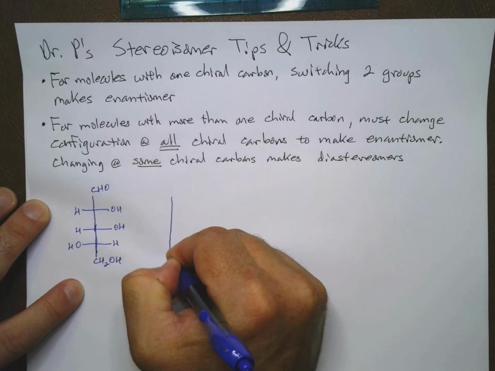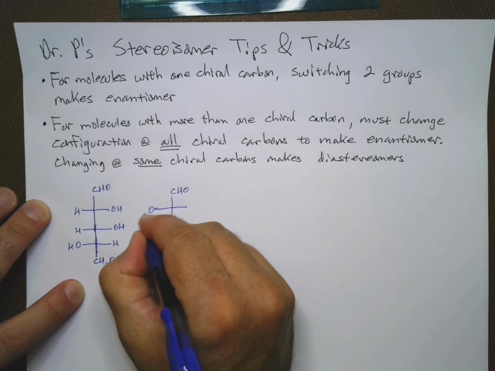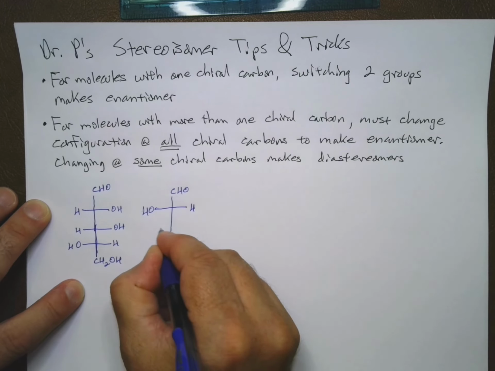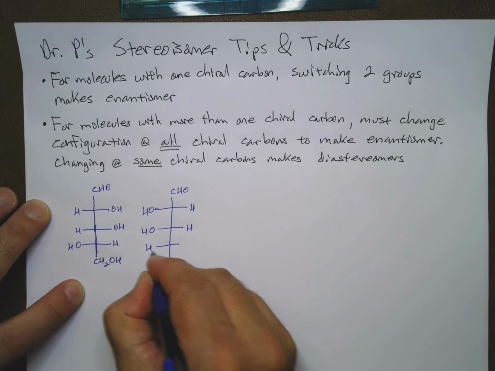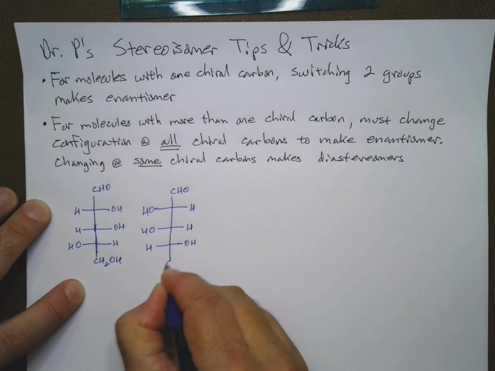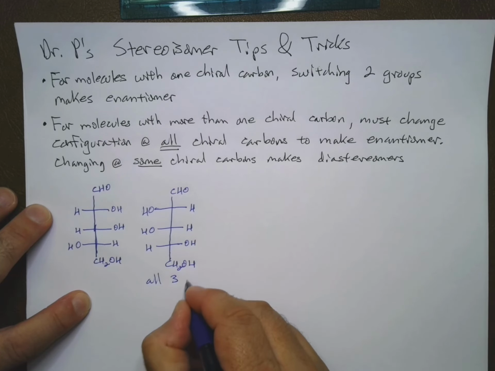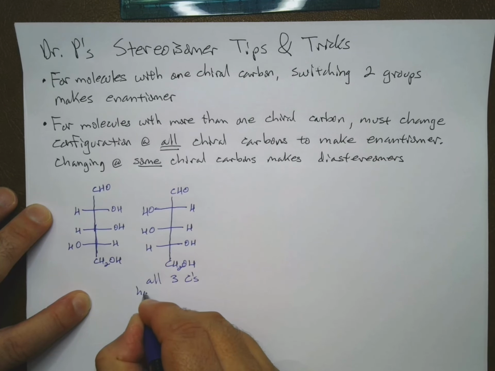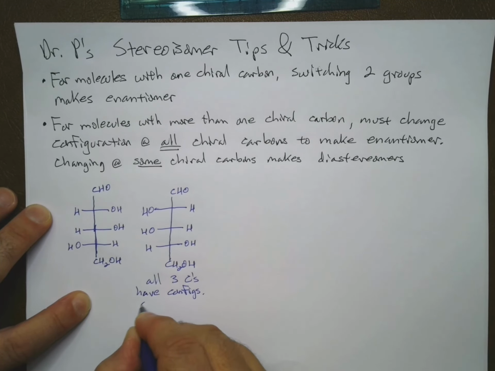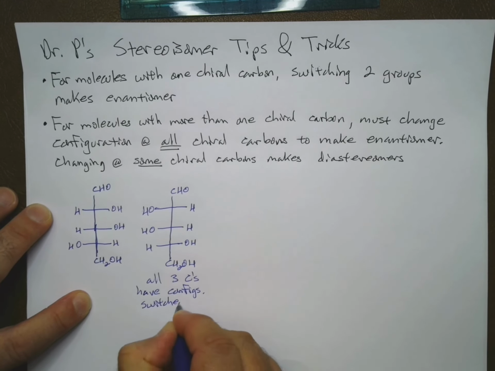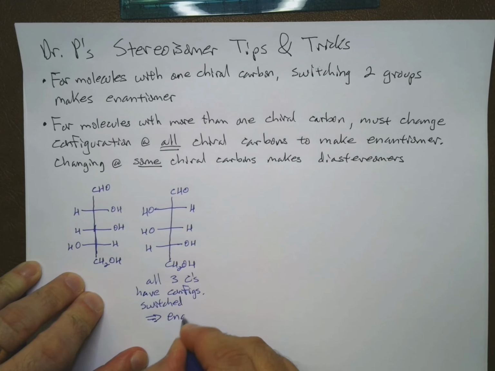And if I switch two groups, that changes the configuration. So I've switched those two groups, but I also have to switch those two groups and then switch those two groups. So all three carbons have configurations switched. And that's going to give us the enantiomer.